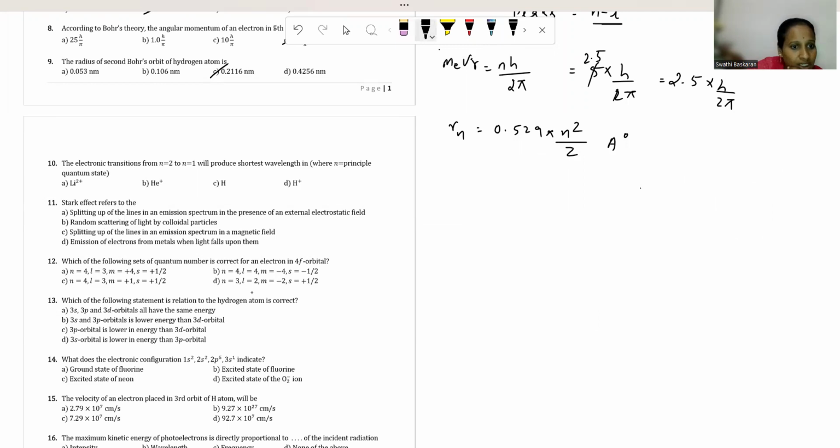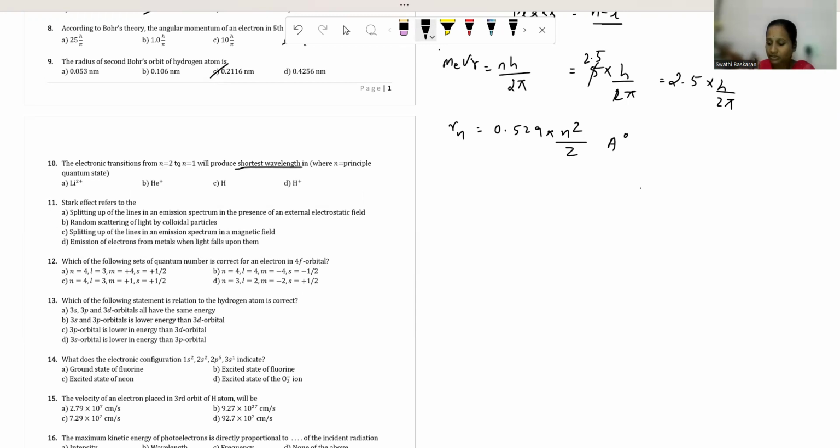Okay, so they are giving different ions, that is different species which are related to hydrogen atom, except H plus, because H plus doesn't have any electrons itself. Correct. Now lithium 2 plus, He plus, and hydrogen. So all these three species will have 1 electron each, isn't it? Now what they are asking, they are asking us to determine shortest wavelength. Which one will produce the shortest wavelength when the transition is happening between n2 to n1.